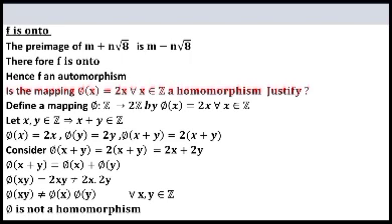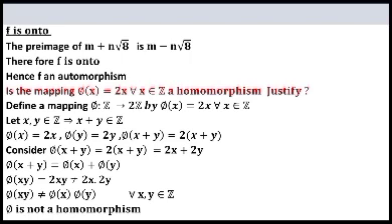By defining a map from Z into 2Z, that is f of x is equal to 2x for all x belongs to Z. Let x, y belongs to Z implies x plus y belongs to Z. Therefore, phi of x is equal to 2x, phi of y is equal to 2y, phi of x plus y is equal to 2 into x plus y. Consider f of x plus y is equal to 2 of x plus y, that is equal to 2x plus 2y.